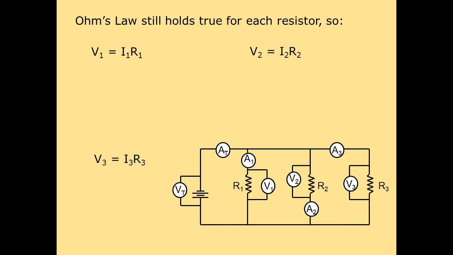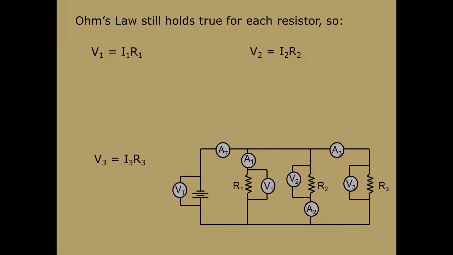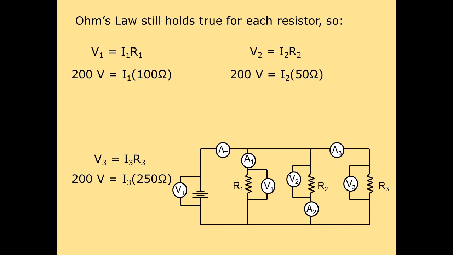V1 equals I1 times R1, V2 equals I2 times R2, and V3 equals I3 times R3. We know all the V's are the same, so the left side of that equation will be the same each time. On the right-hand side, the I's are unknown, but we do know each R, those were given. What that means is we can solve through and tell exactly how much current will be flowing through each branch of this parallel circuit.